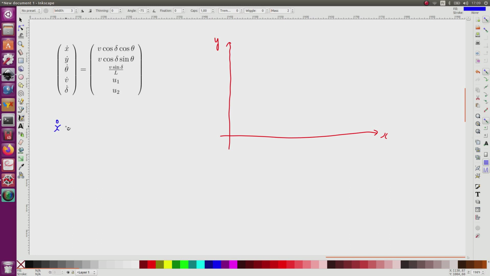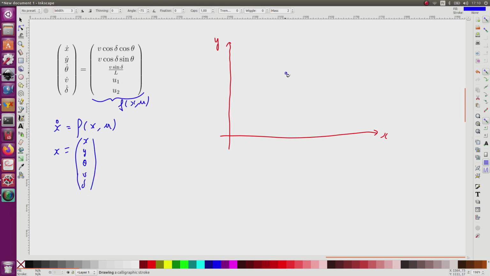So I notice that I have something like x dot equal f of x, u. This is the evolution function f of x and u. X corresponds to x, y, theta, v and delta.